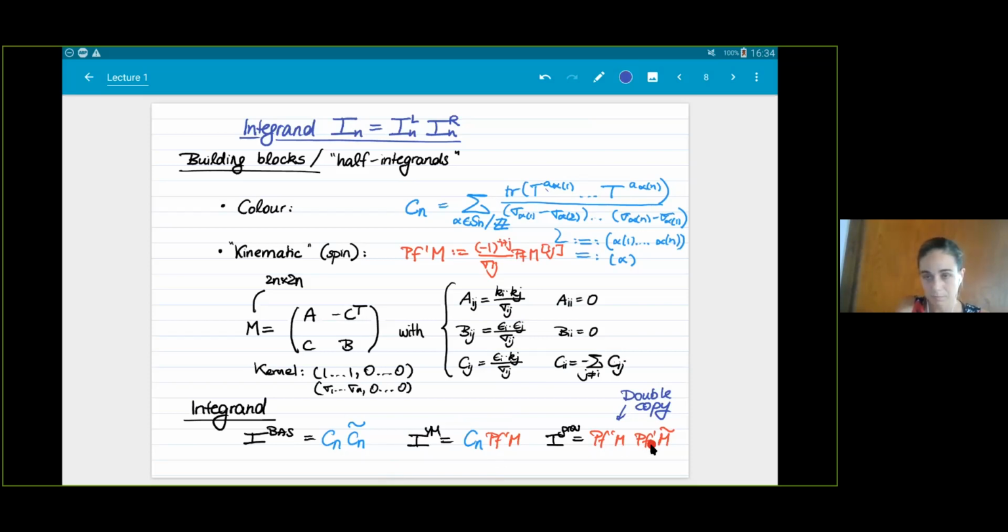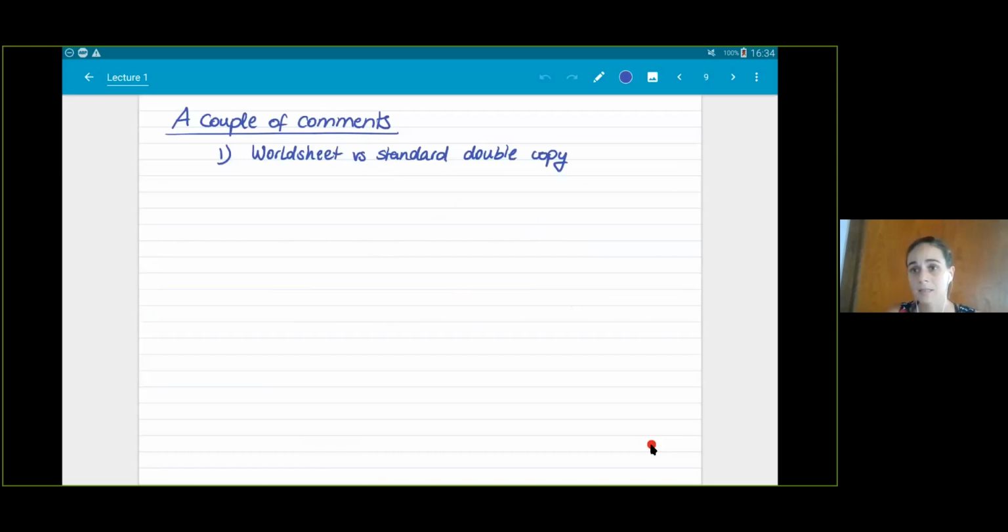But we can actually make this very precise, and it has a relation to the standard double copy that you've also seen now in Donald's lectures. If you want to see this in detail, it goes as follows.